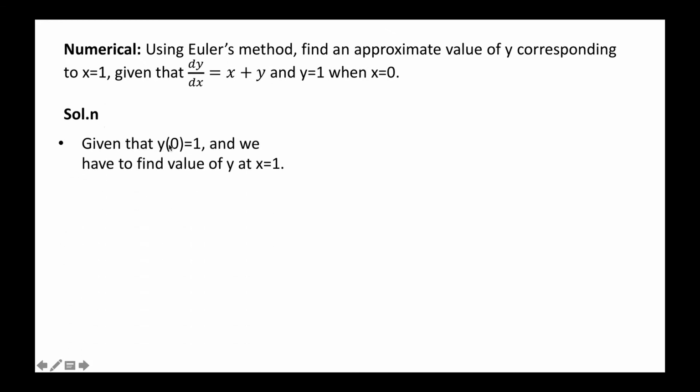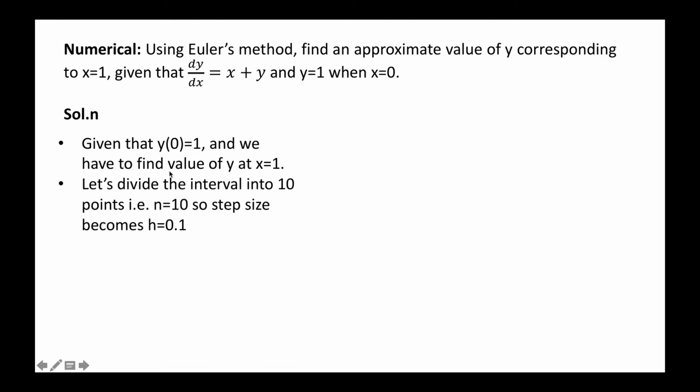So the value of y at x equal to 0 is 1, and we have to find the value of y at x equal to 1. Let us divide the interval into 10 points, say n is equal to 10.